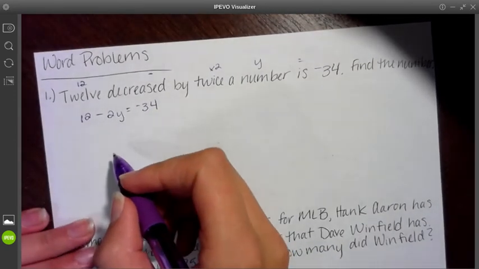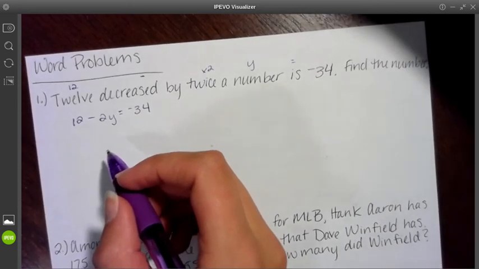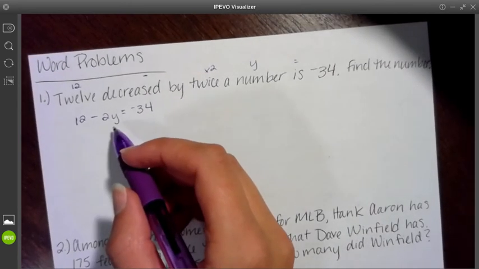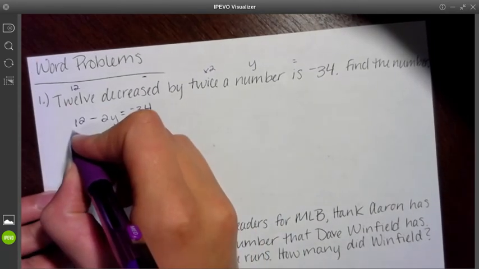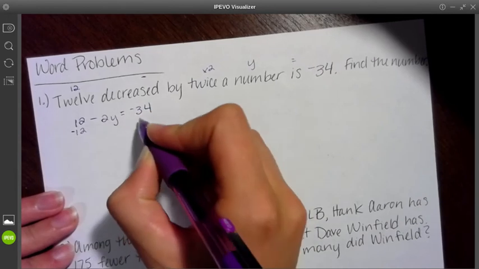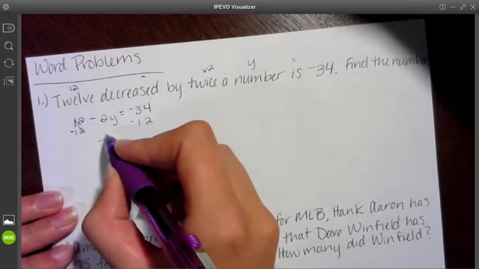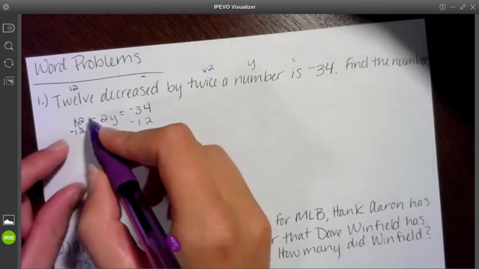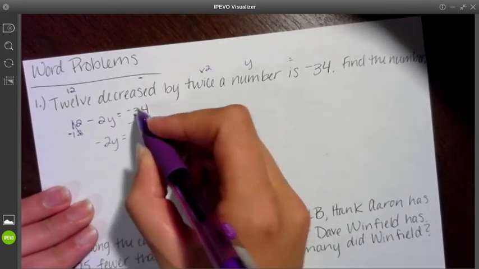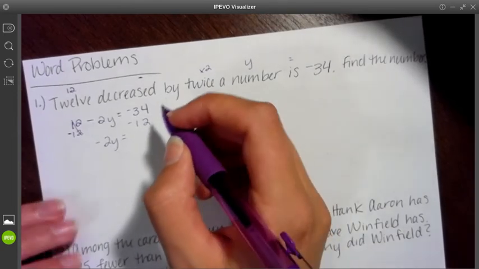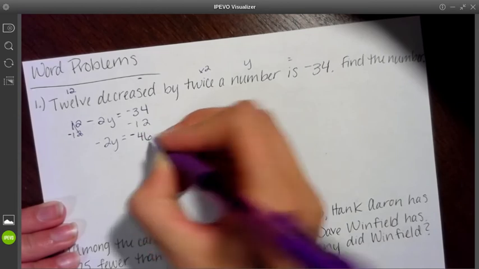All right. So I need to get y by itself. So I'm going to do PEMDAS in reverse order. I'm going to subtract 12 from both sides. Okay, those will cancel, and I've got negative 2y. That negative stays on there, right? That subtraction doesn't just go away. Equals negative 34 minus 12, which would be negative 46.